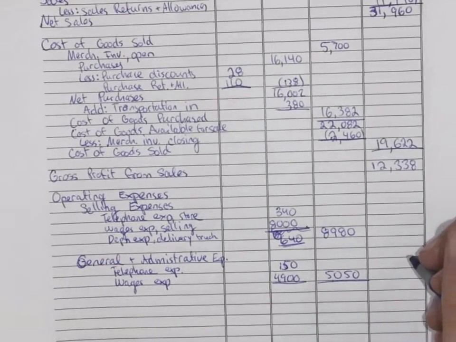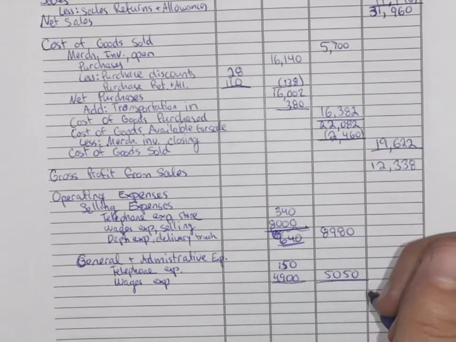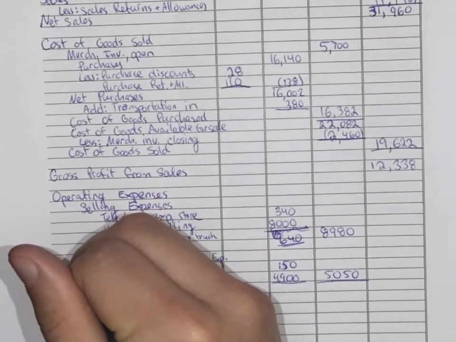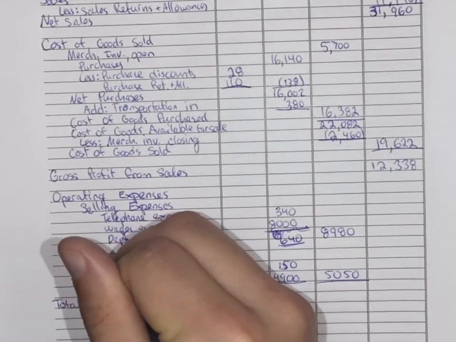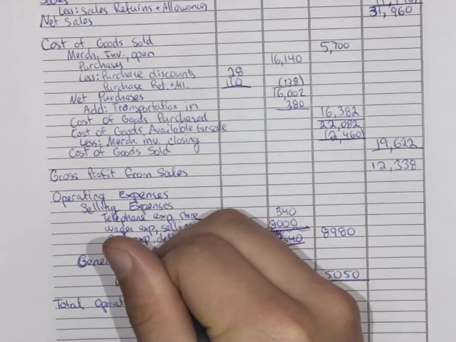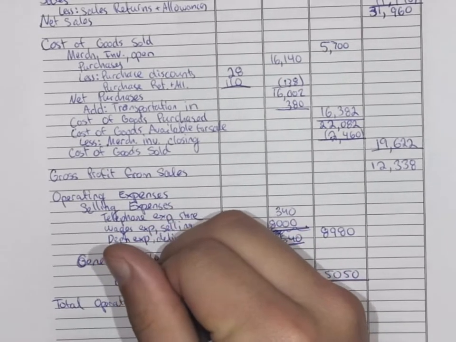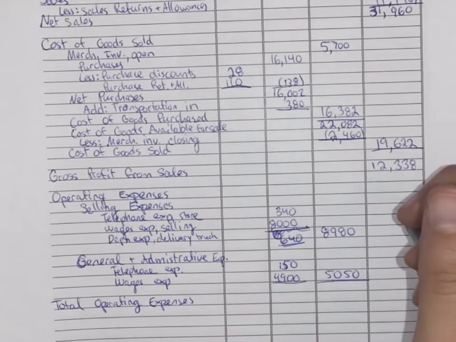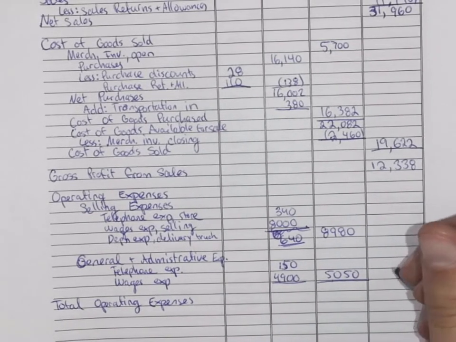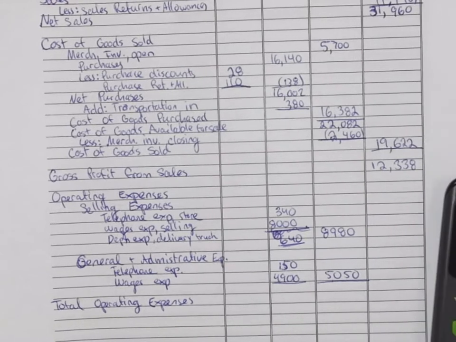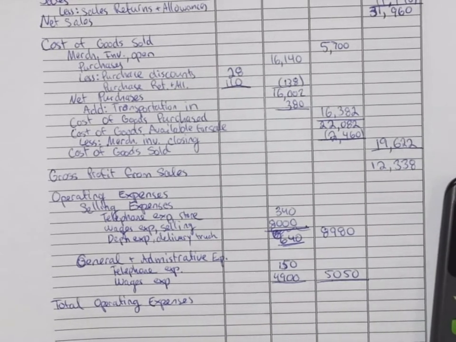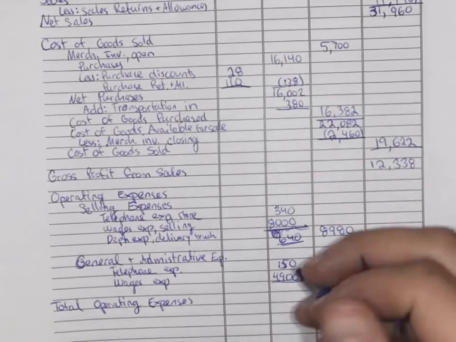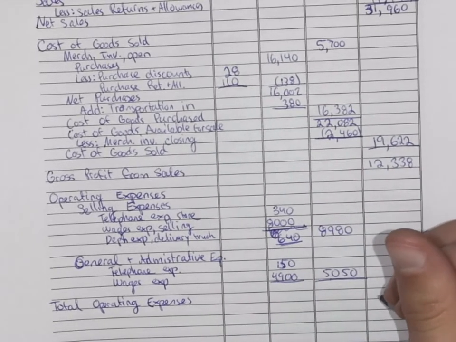And that brings us to our total operating expenses. 8,980 plus the general and administrative gives 14,030.